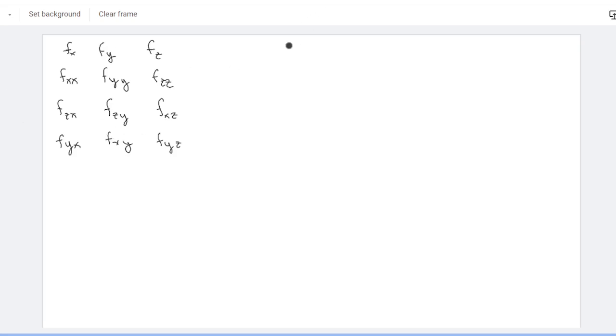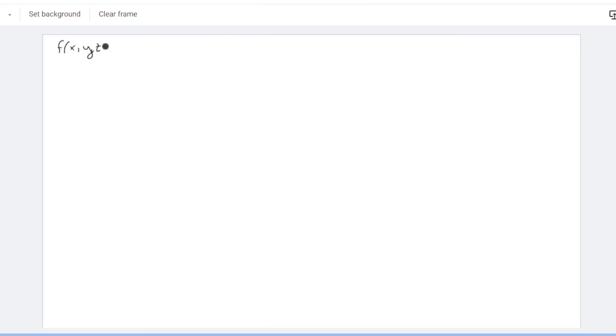Let's look at an example. First, our given is 4x squared y cubed z, minus 2x cubed, plus 4y to the fourth, minus 5z squared.